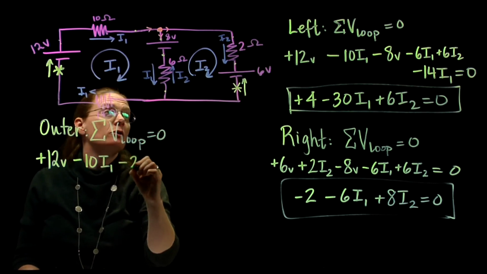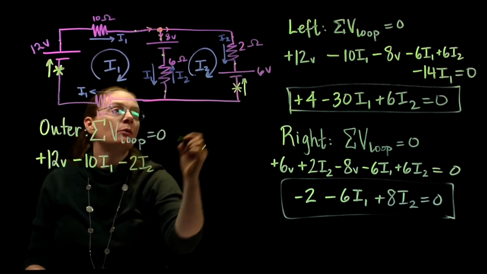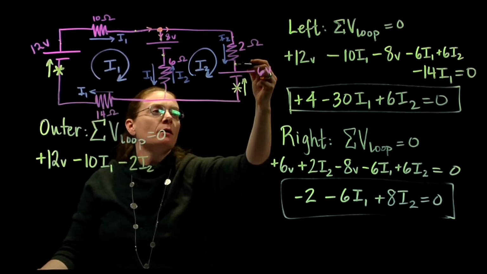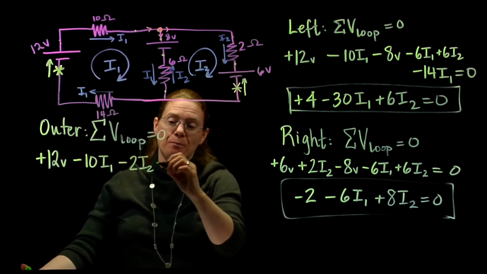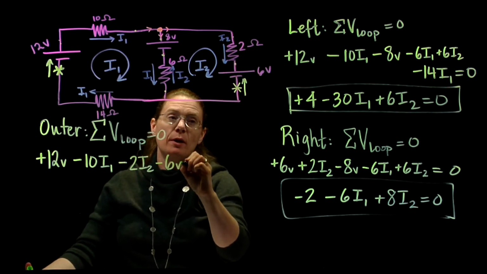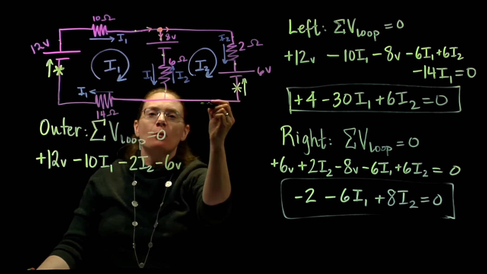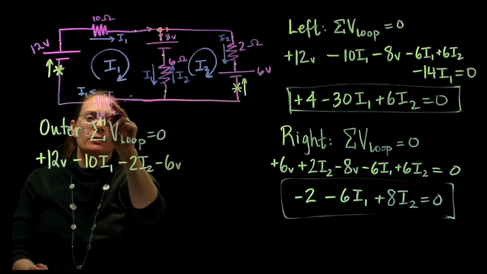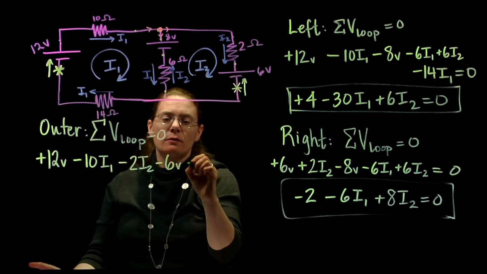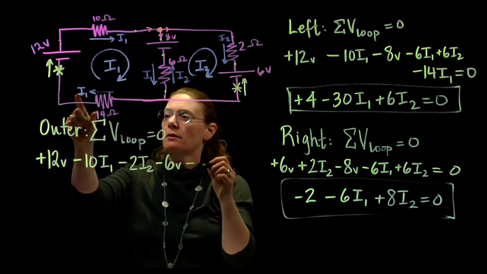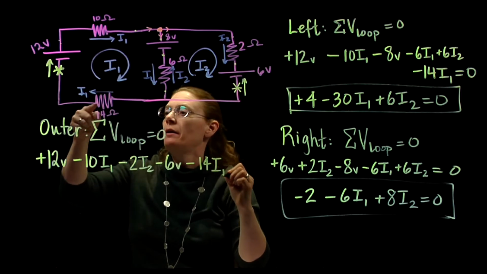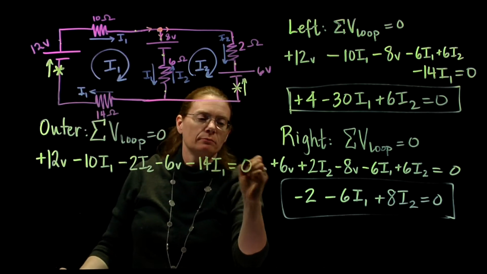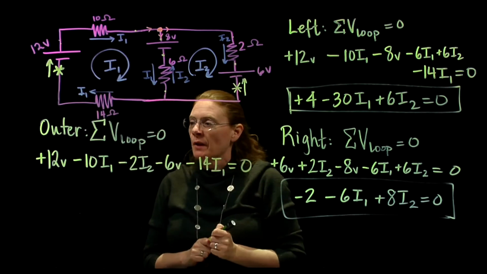The voltage is 2 times I2. That gets us to this point. Here we have a battery, but we're going against what the battery's trying to do. So that's a drop, minus 6 volts. Brings us over to this resistor with the current, voltage drop, and the voltage is 14 times I1. Back to start. Add them all up, set them equal to 0.